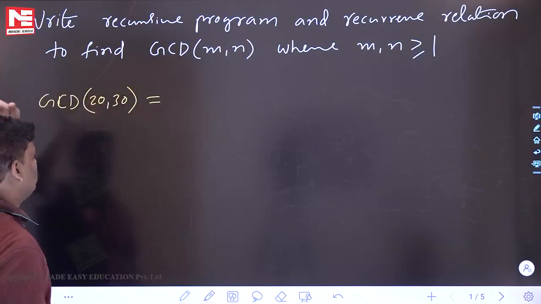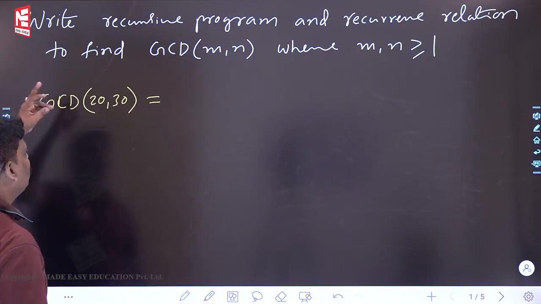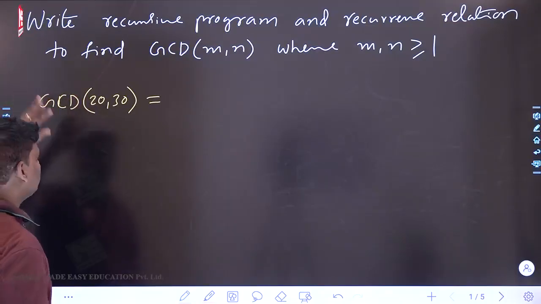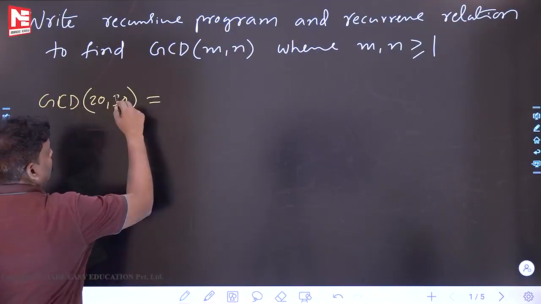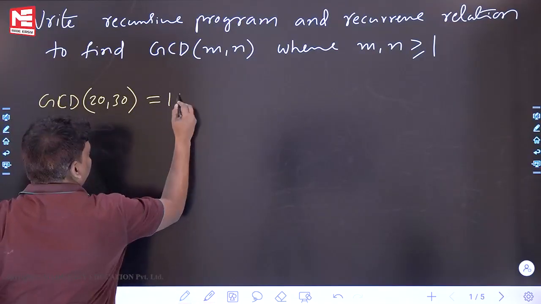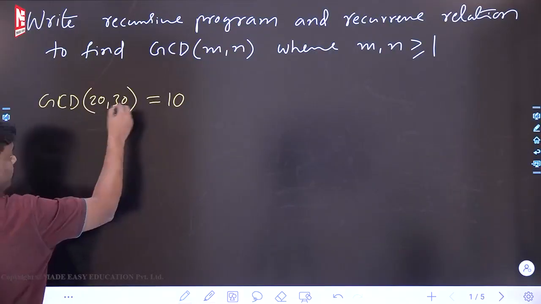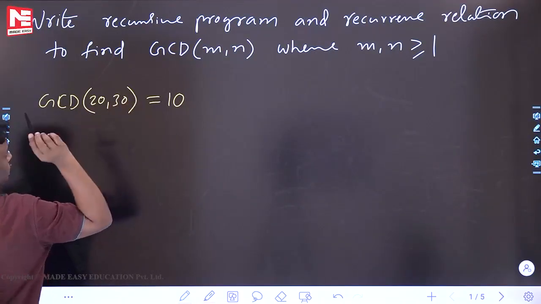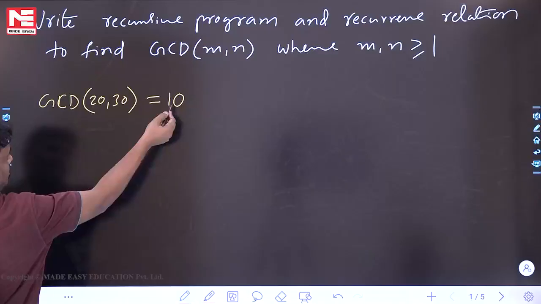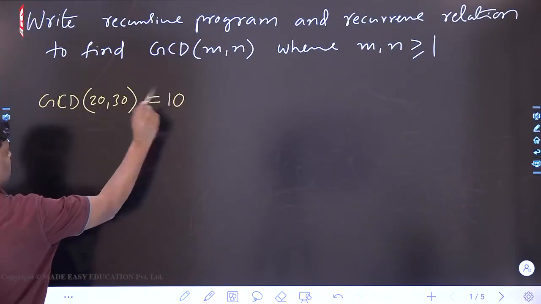Next one I think 10. The next one is going to be 20, no, right? I think the greatest number which can divide both is going to be 10. You know this very well. 10 is the one which will divide both. 5 also divides, but it is less than 10. 2 also, but the greatest common divisor is 10, everyone knows.